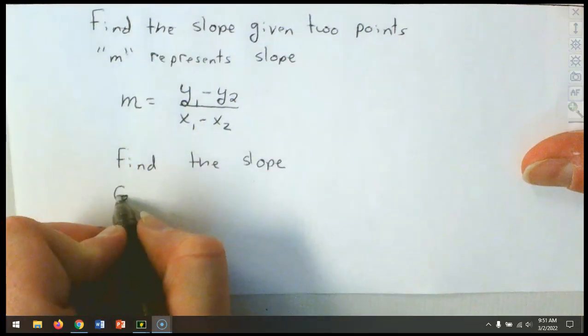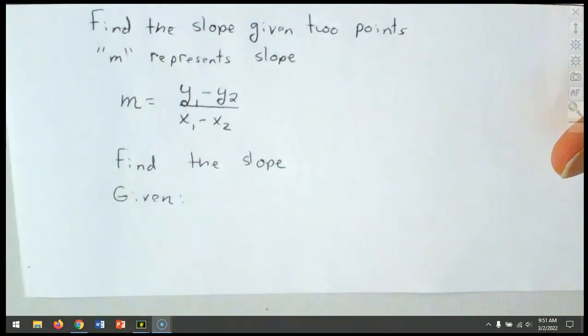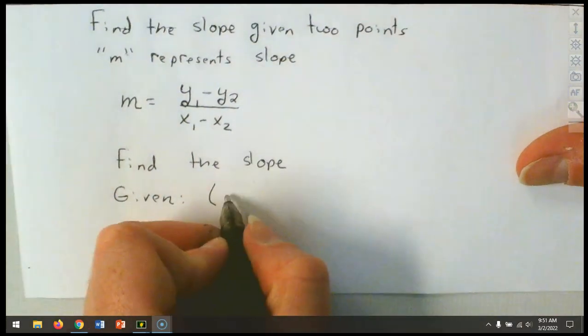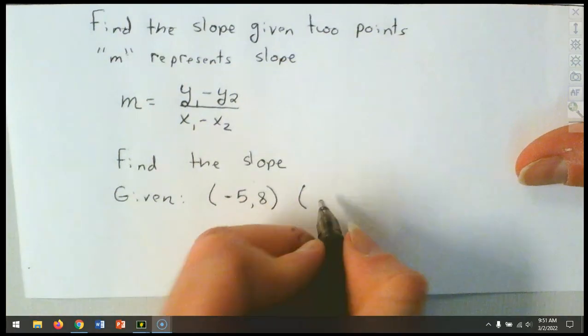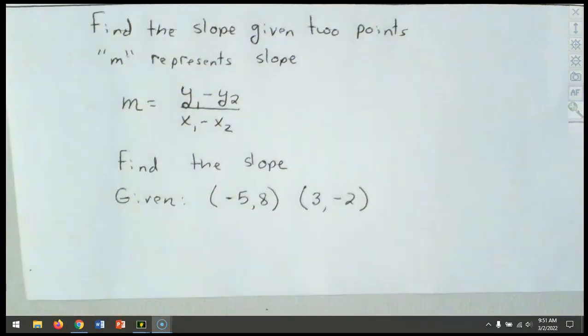And let's say you're given, and this can work with fractions, this can work with decimals, or it can work with whole numbers. So let's say you're given minus 5, 8 and 3, negative 2. And I want you to find the slope.